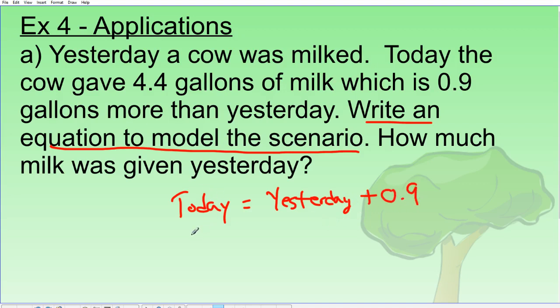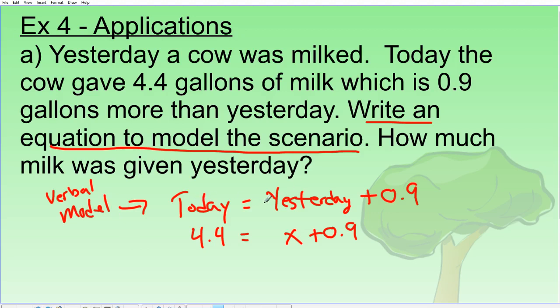Today the cow gave 4.4 gallons of milk, which is 0.9 more than yesterday. I don't know how much milk was given yesterday, so I'm going to put that as my variable. And check this out. This is my verbal model. It's kind of like my formula for my problem.